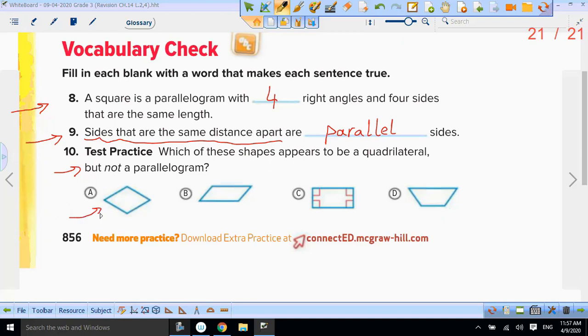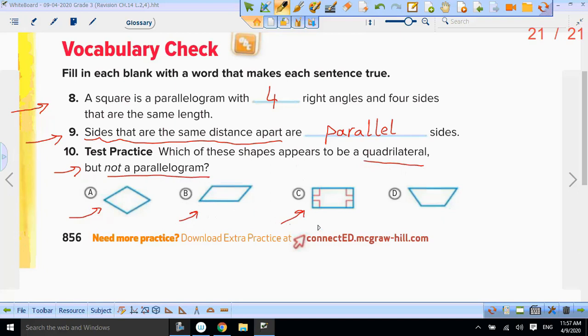So rhombus is a parallelogram, but with four equal sides. Okay, this is a parallelogram. We want a quadrilateral, but not a parallelogram. So this is not our choice.